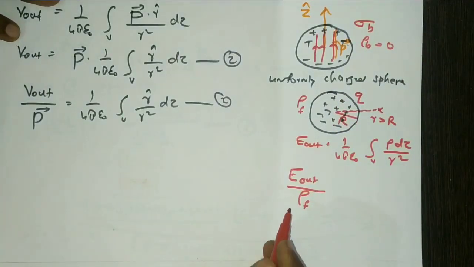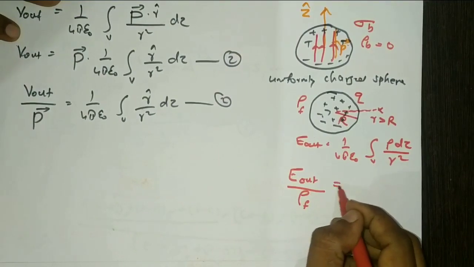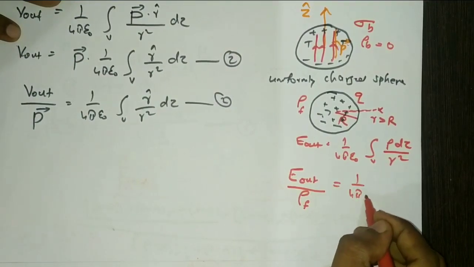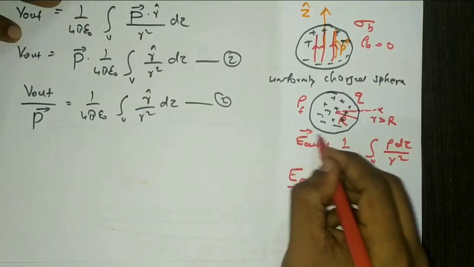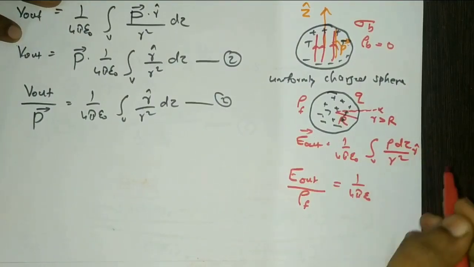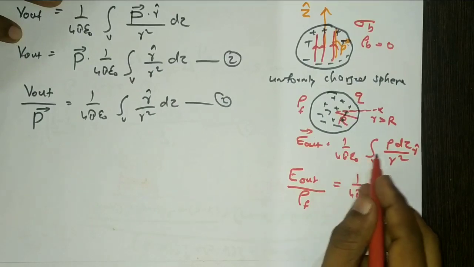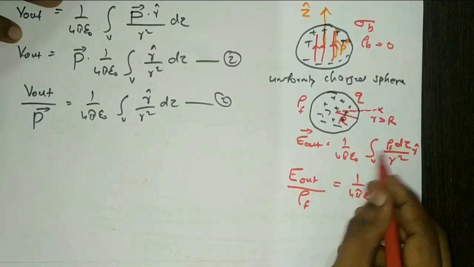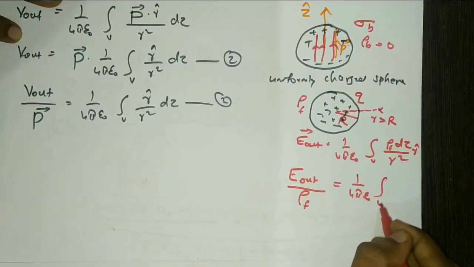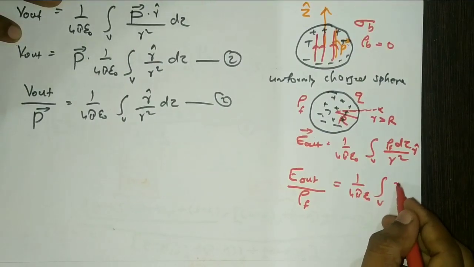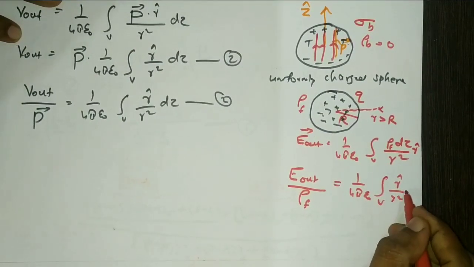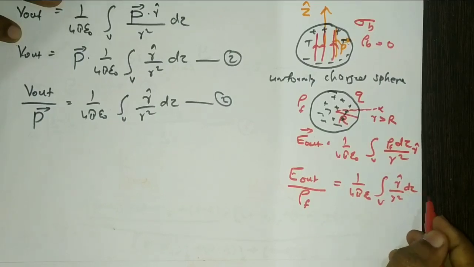Now this can be written as 1 by 4 pi epsilon 0, and if you write it in vector form, r cap will be there. Then I have taken this rho to the left side, 1 by 4 pi epsilon 0, and this will be r cap divided by r square d tau.